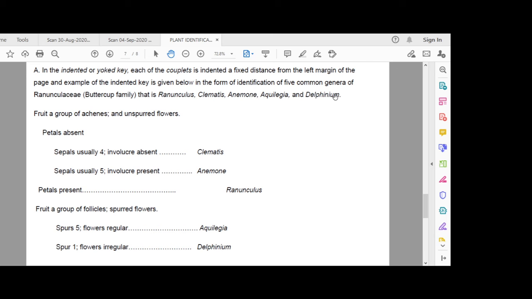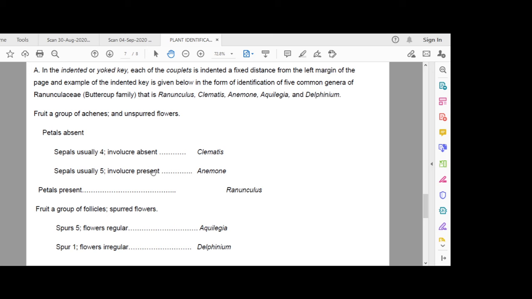These 5 genera are taken into consideration here. So, fruit, a group of achenes and unspurred flowers. And fruit, a group of follicles and spurred flowers.